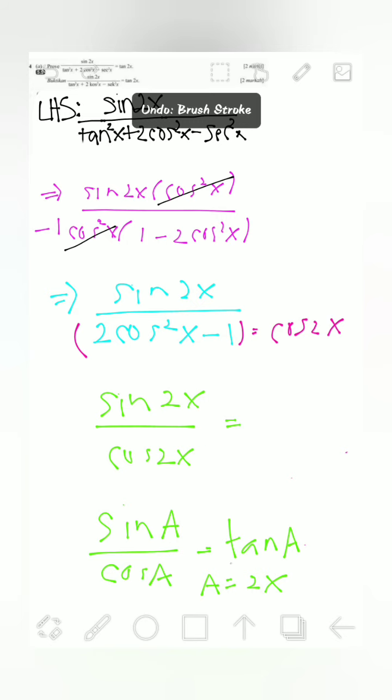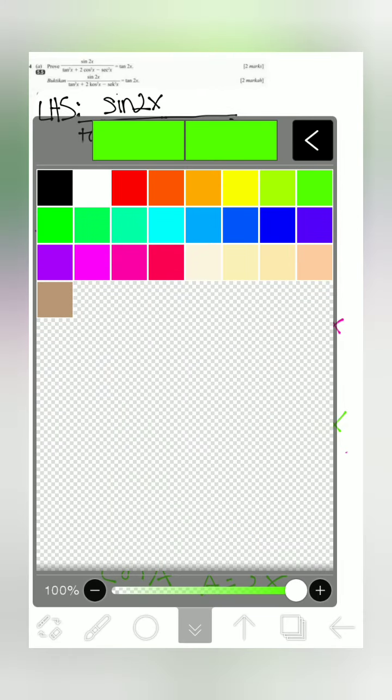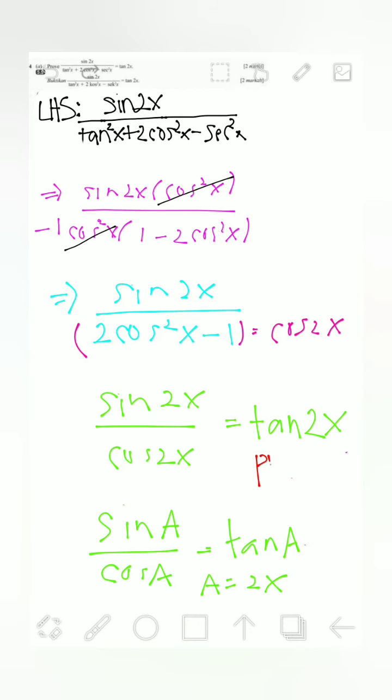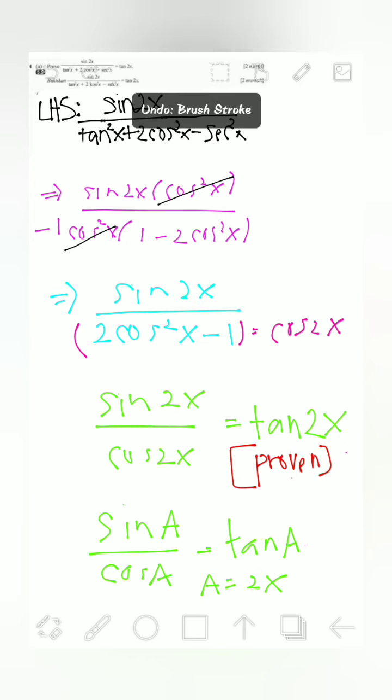So automatically, substituting 2x inside tan a, it becomes tan 2x. So this is what we want to prove. We write proven. So this expression, sine 2x all over tan square x plus 2 cosine square x minus secant square x, is simplified to be tan 2x.